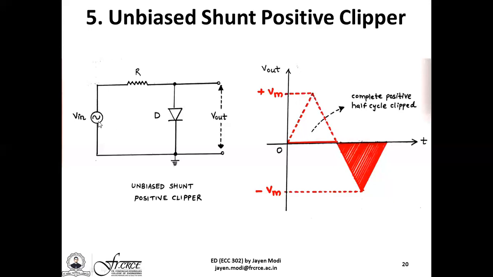So during the positive half cycle, when the diode is acting like a short circuit, the output voltage obtained is essentially zero, because when it's a short circuit, there is no voltage across the output. So for the entire positive half cycle, when the AC input signal changes from 0 to plus Vm and then from plus Vm back to 0, we do not get any AC output signal.